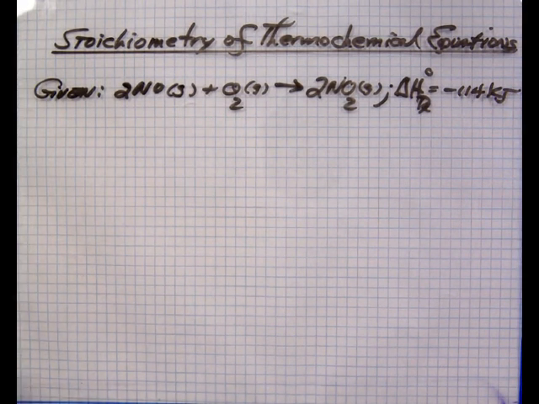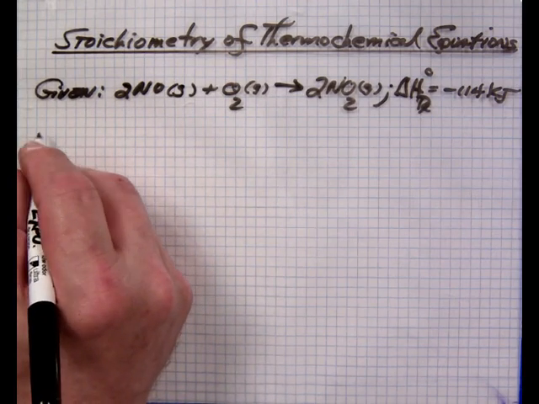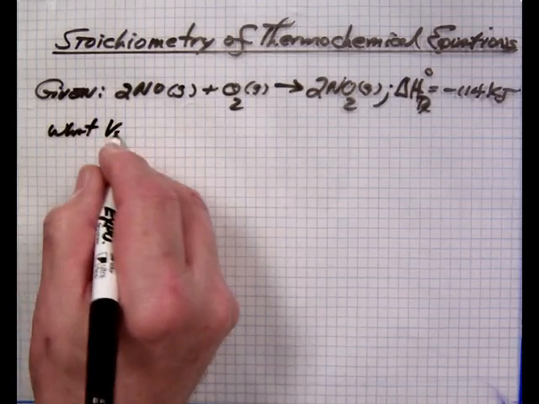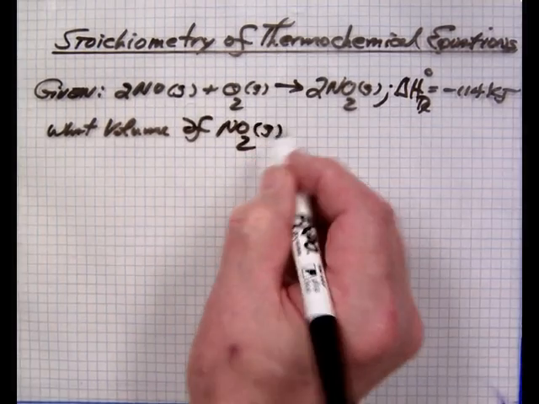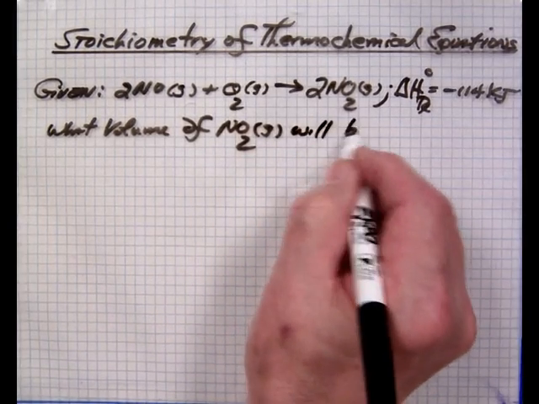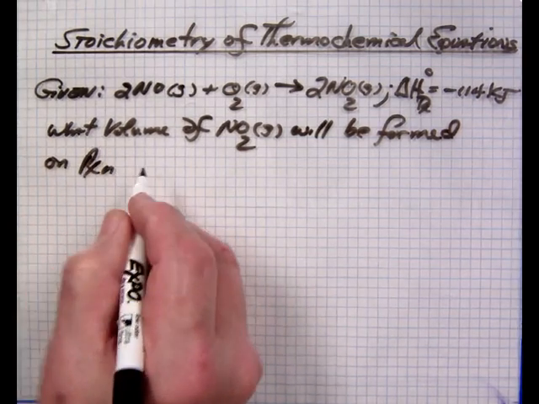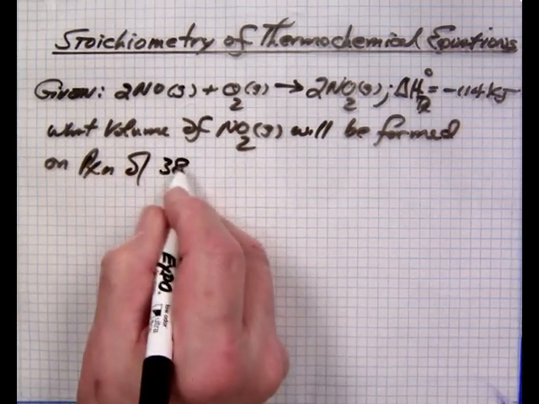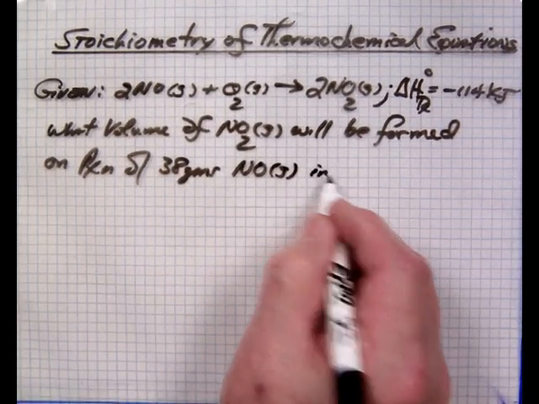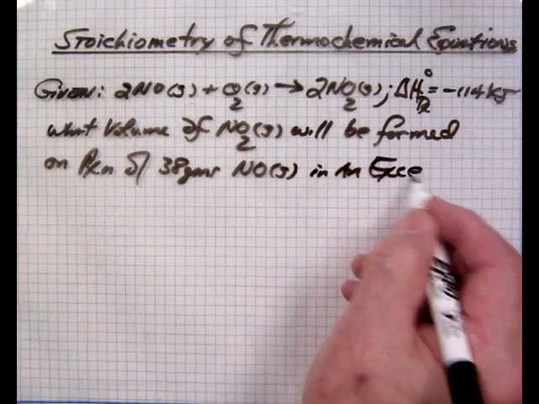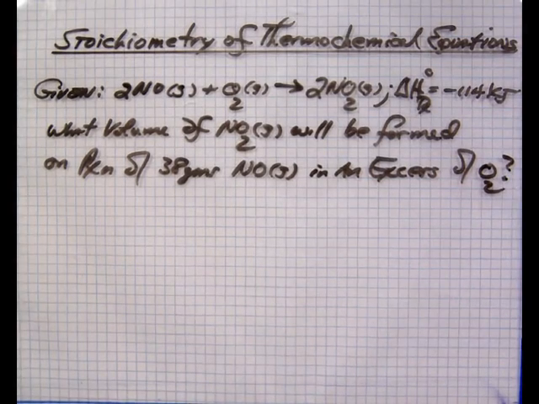All right, let's say the problem given is: what volume of NO2 gas will be formed on reaction of 38 grams of NO gas in an excess of O2?